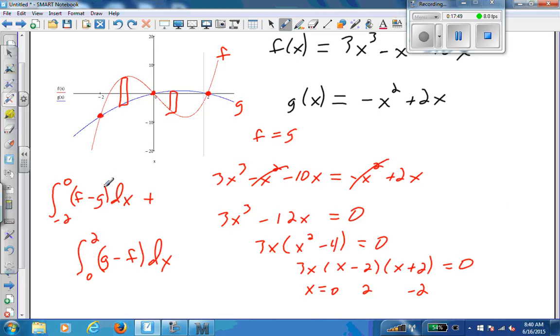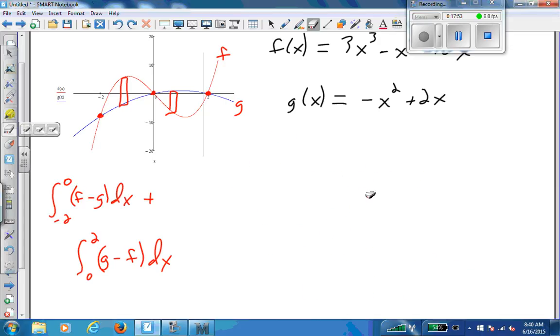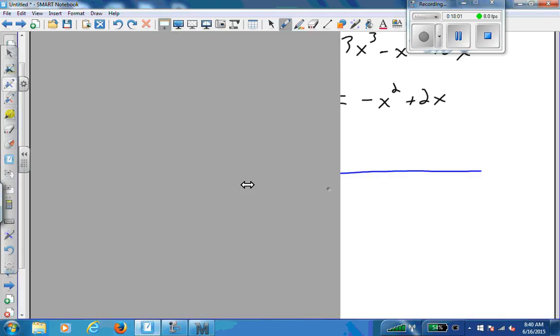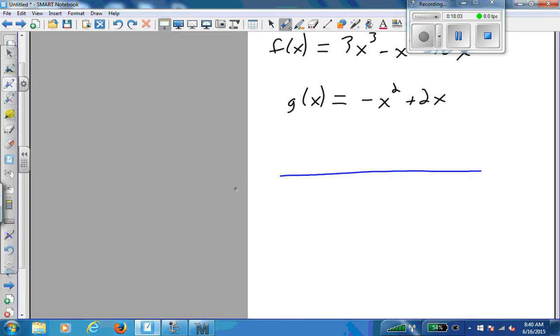Now, if we didn't have the picture, we could still determine which one was on bottom. Let's imagine that we don't have that graph, but we know that we intersect at 0, 2, and negative 2. So those are where we're intersecting. Let's think about which one is on top in this interval, and which one's on top here. So let's pick a test point.